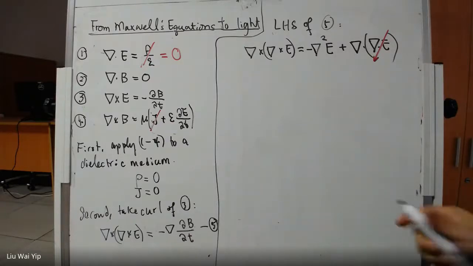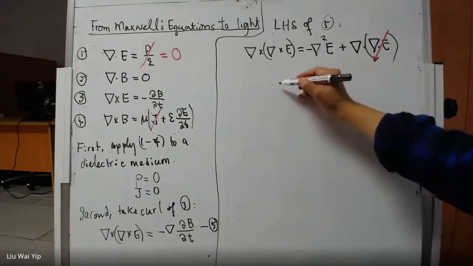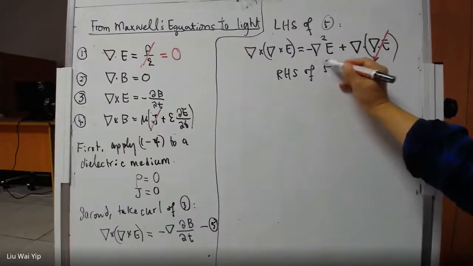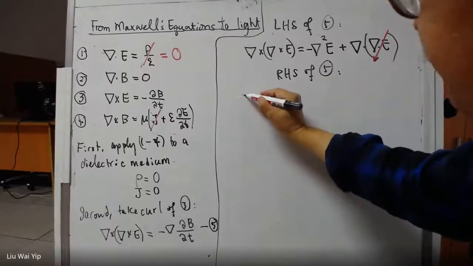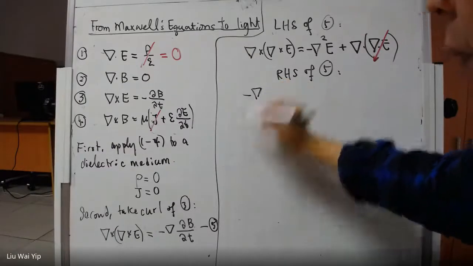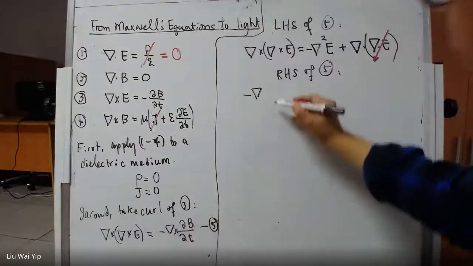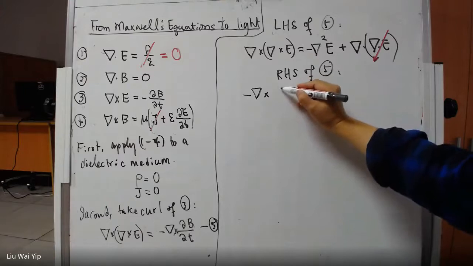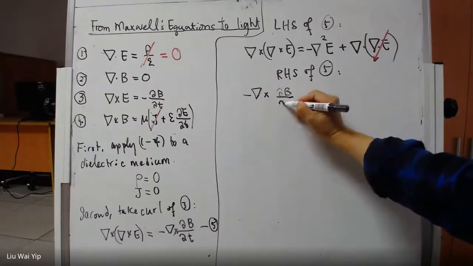Now we are going to take care of the right-hand side of equation 5. We have the curl of the time derivative of the magnetic field.